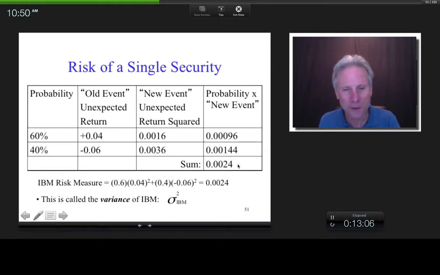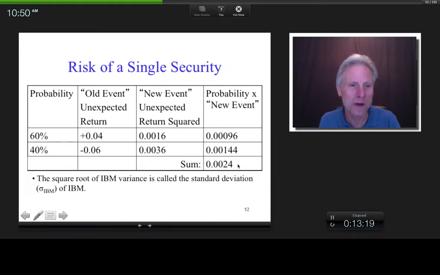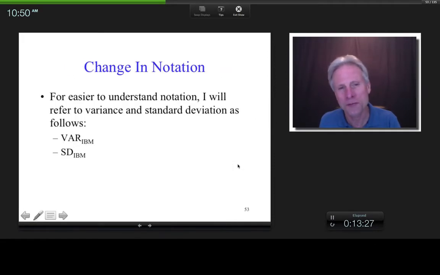They could have called it whatever they wanted to, but basically squaring what is unexpected and applying the expectations operator is called the variance. And by the way, if you took the square root of the variance, it's called the standard deviation. I'm going to use different notation. I'm going to use VAR and SD just to keep it simple.